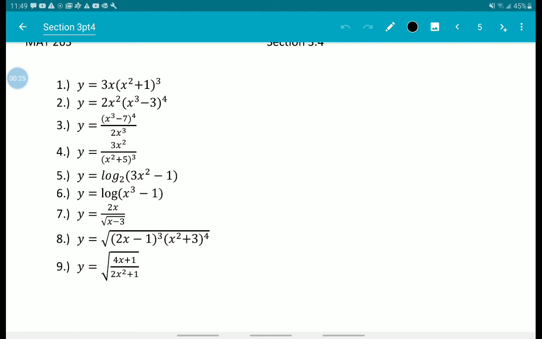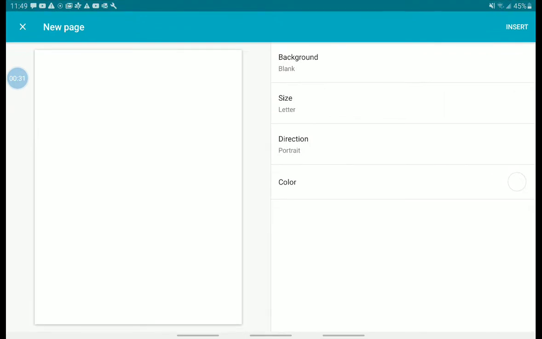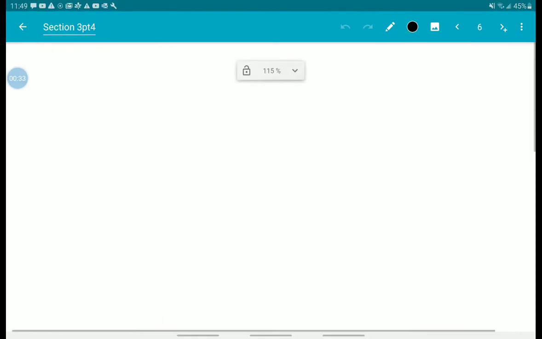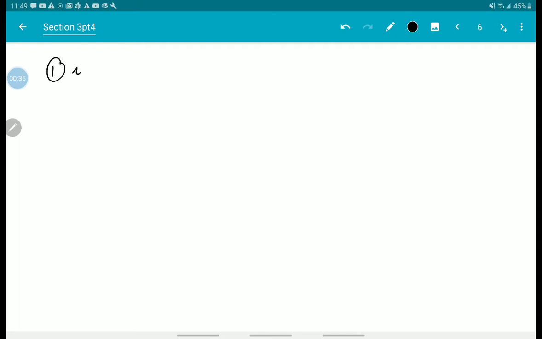We have y equals 3x times (x squared plus 1) to the third power. So notice we have two functions here. 3x is one function, (x squared plus 1) to the third is another function, but this guy we're going to have to use the chain rule for.